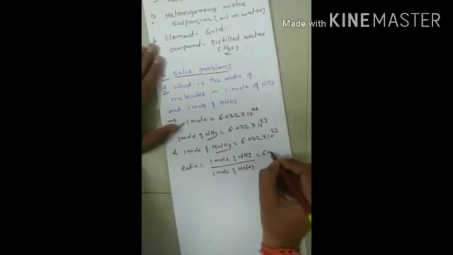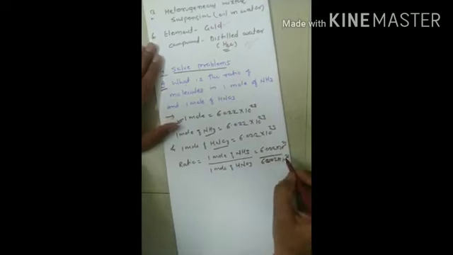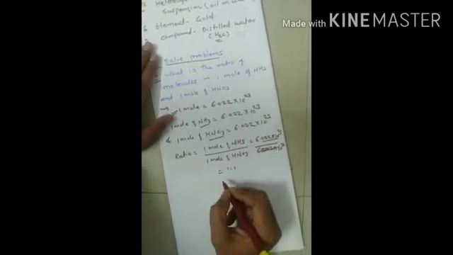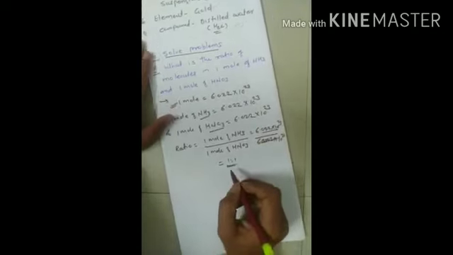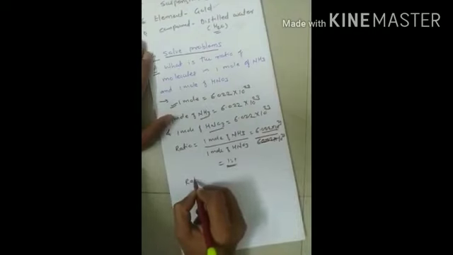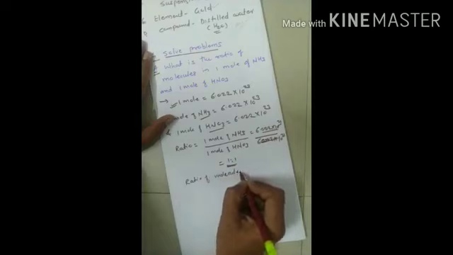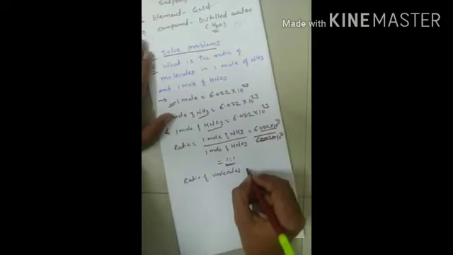And it is 6.022 into 10 raised to 23 for this, and this is also 6.022 into 10 raised to 23. When I divide this, I will get the ratio as 1:1, and this is your answer. The ratio of the molecules of NH3 and HNO3 is found to be 1:1.